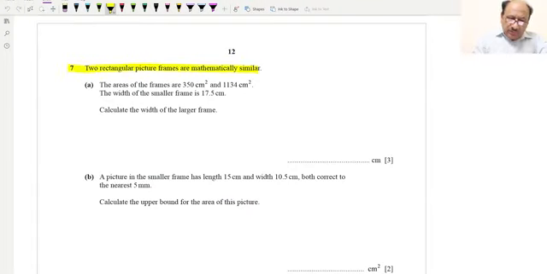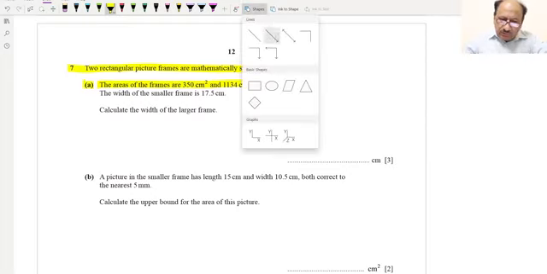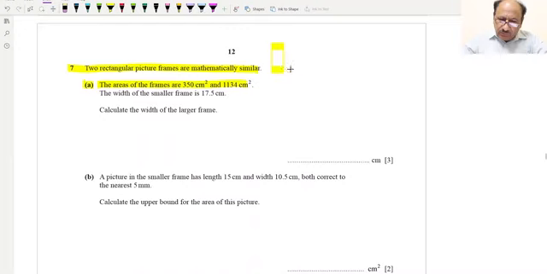Question number 7. Two rectangle picture frames are mathematically similar. The areas of the frames are 350 centimeters square and 1134. So we can just consider two frames.